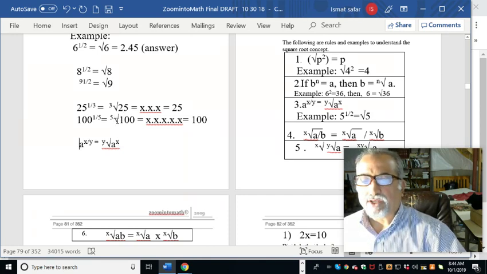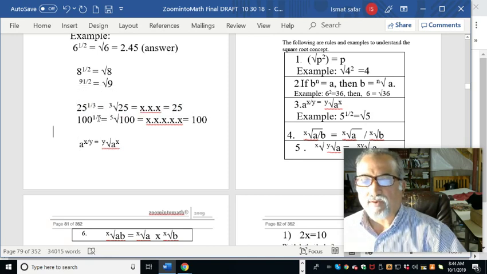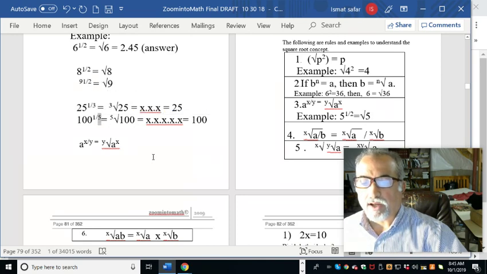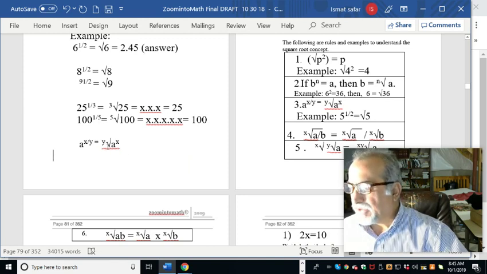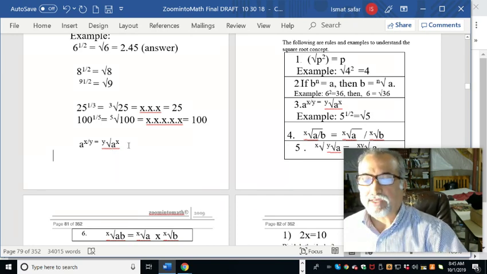So this 100 here is A, and this number 1 over 5 is x over y, where x is 1 and y is 5. Then it's called the y-th root of A to the exponent x.